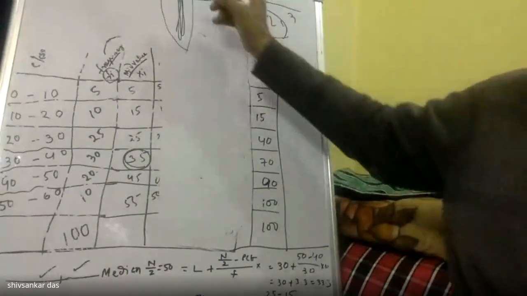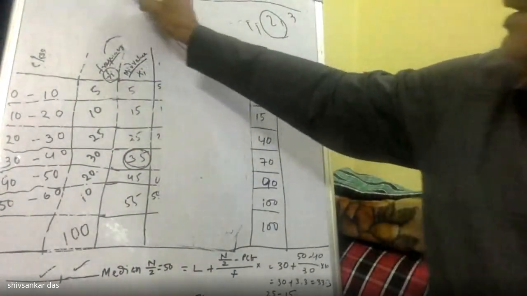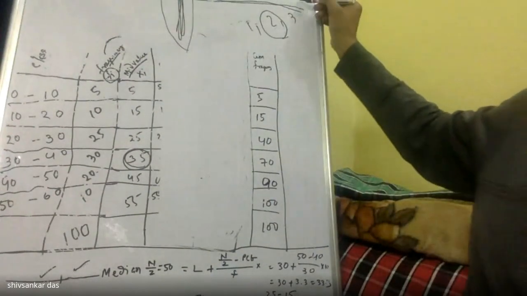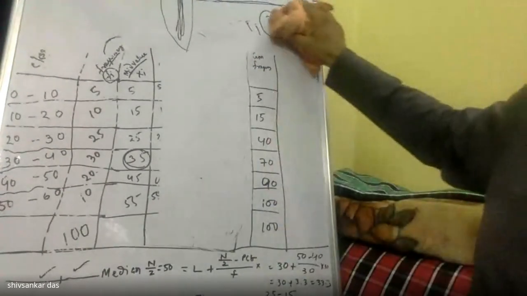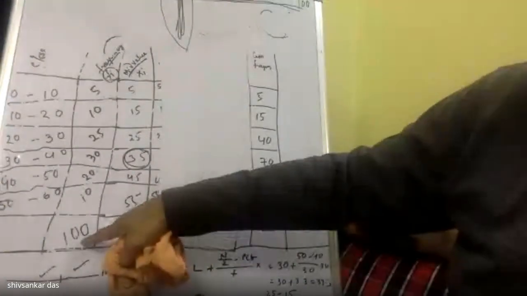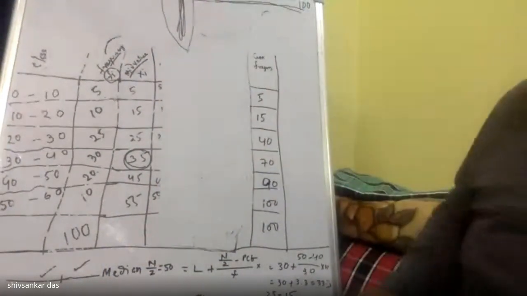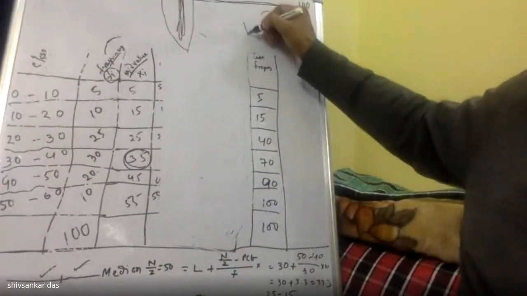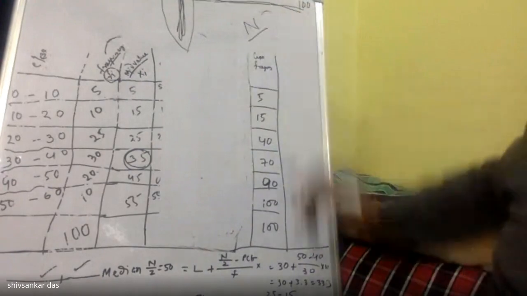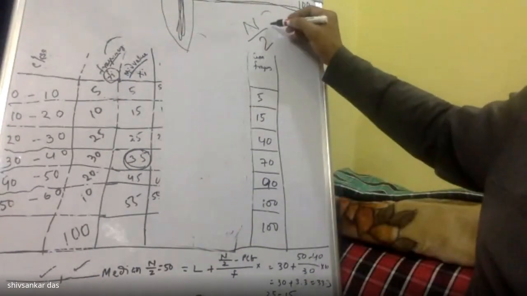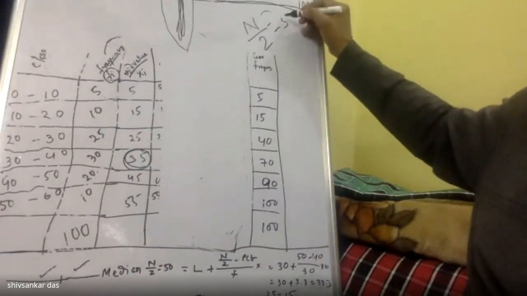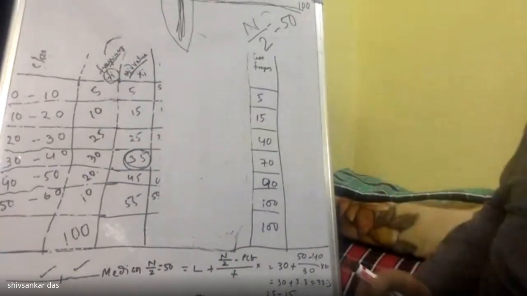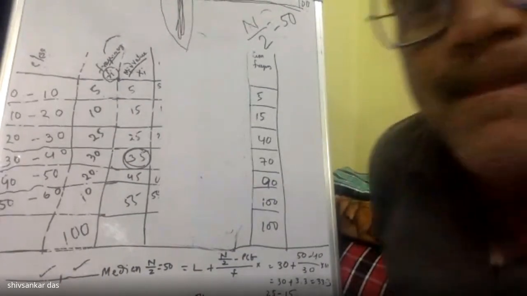Okay, how will we calculate? The total strength is 100. Then what will we do? N by 2. N is 100, then by 2, this is 50.